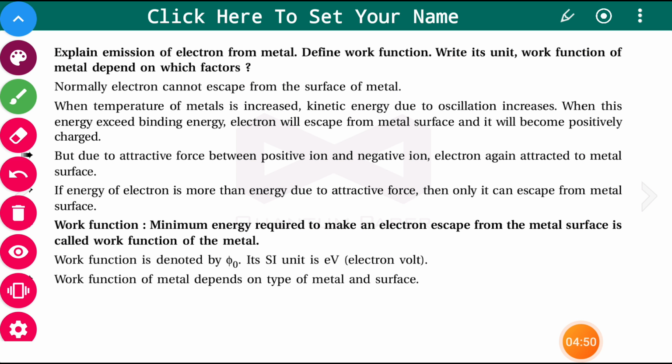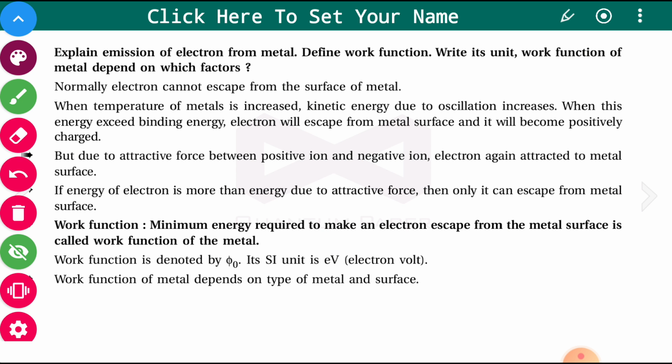Now we talk about the emission of electrons from metal. We will define work function. We will write the unit of work function, and it depends on the type of metal. Normally an electron cannot escape from the surface of a metal, that we know. Metals on their own do not allow the electron to go out from their surface.